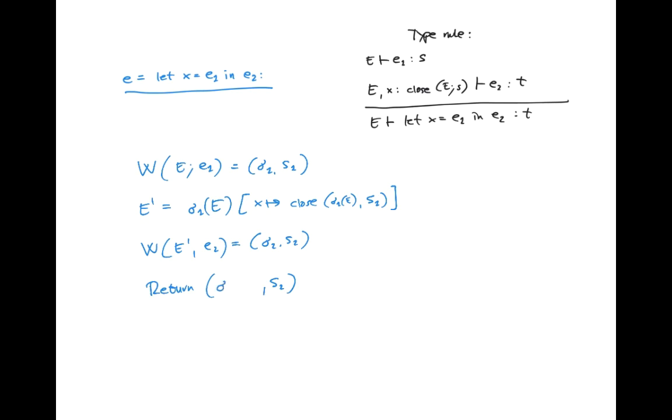Well, it's sigma 2 composed with sigma 1. If one of the W calls failed, then we fail. So that's the last case of the W algorithm.